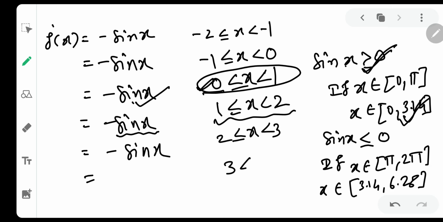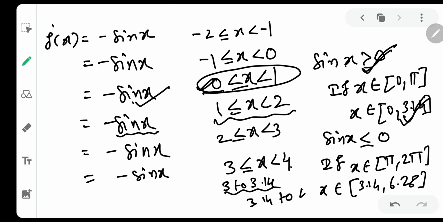Now the very interesting part, from 3 to 4, again the derivative will be minus sin x, but sin x is positive from 3 to 3.14. So from 3 to 3.14, minus sin x will be negative, and from 3.14 to 4, sin x will be negative, hence minus sin x will be positive.